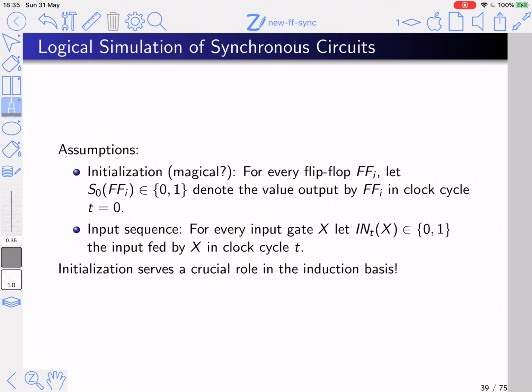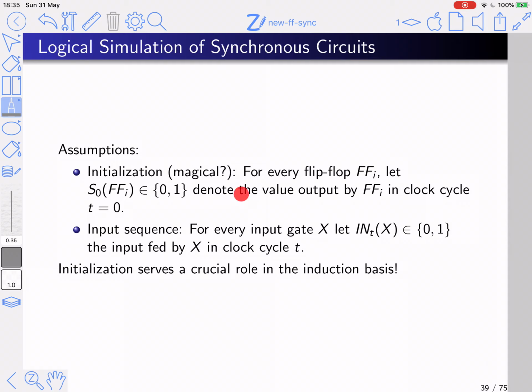Okay? Now we have an input sequence. Let's say that our input is denoted by X. And let's focus on one input gate X in our circuit. And let's denote by in at time t of X the value that is fed by this input gate in clock cycle t.